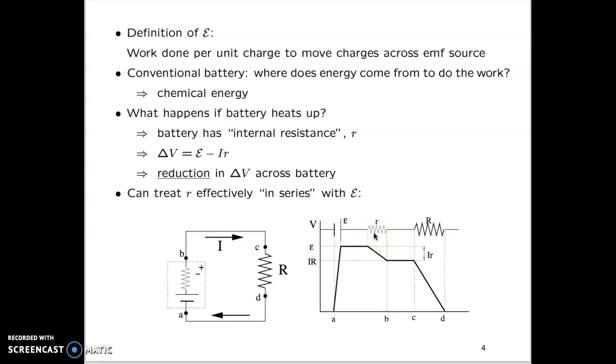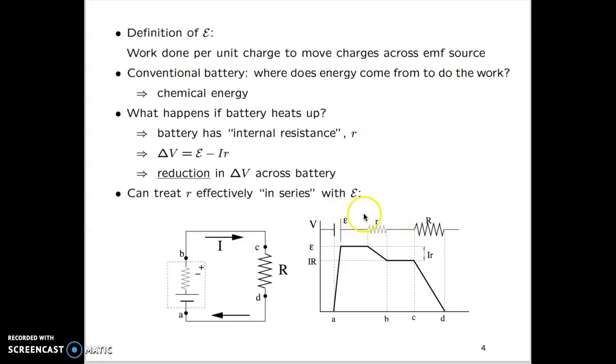Then we hit the internal resistor here, and we go down. We go down because when you go in the direction of the current, which in this figure is flowing from left to right, current will always want to go, at least through resistors, from a high potential to a low potential.